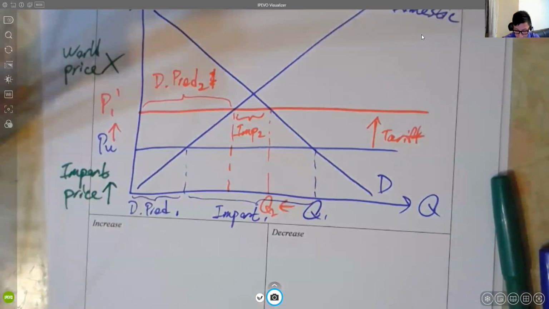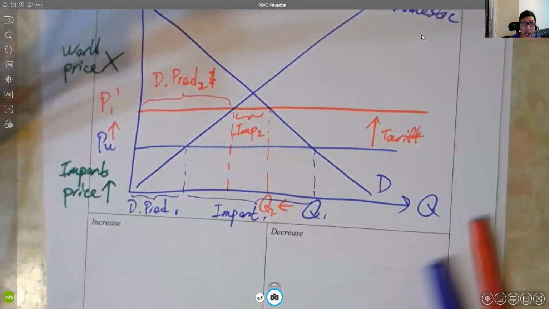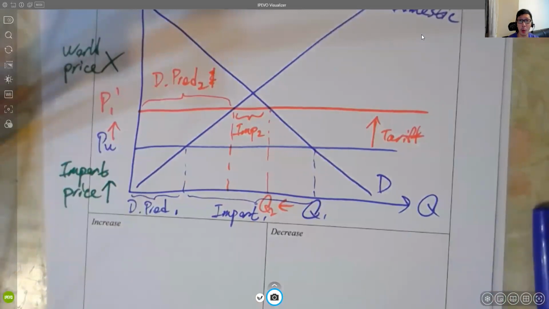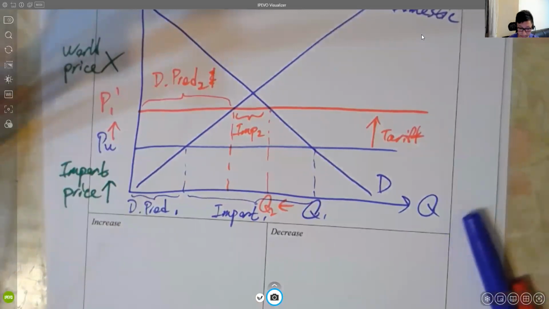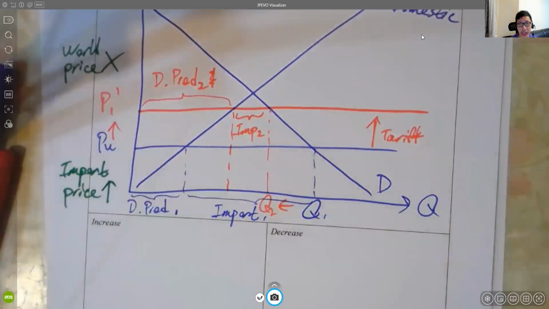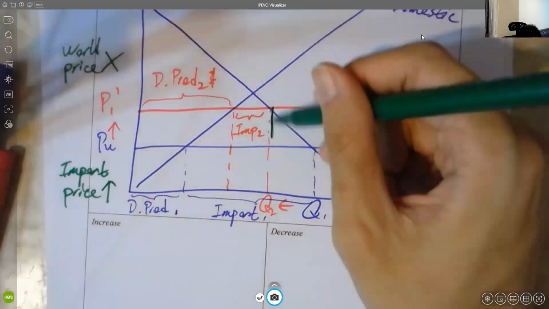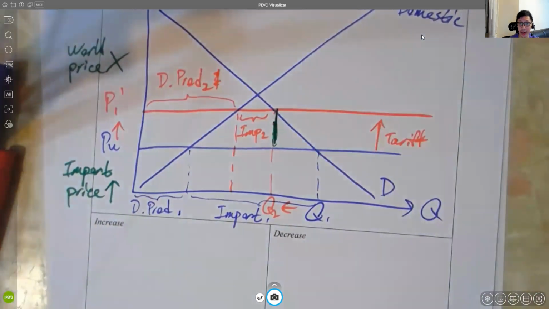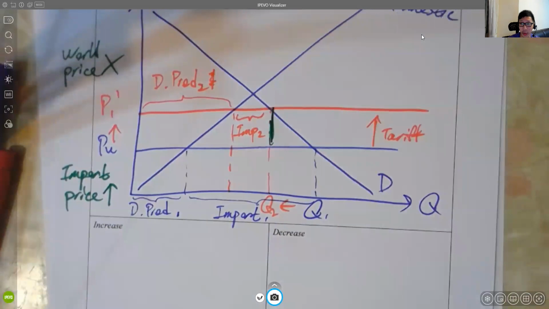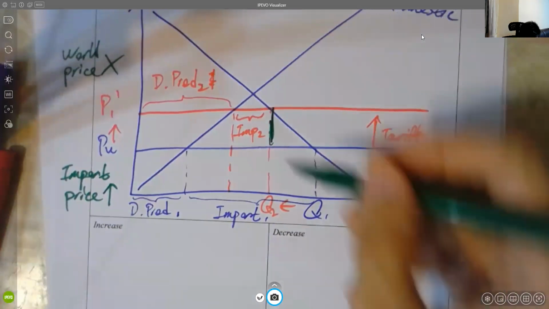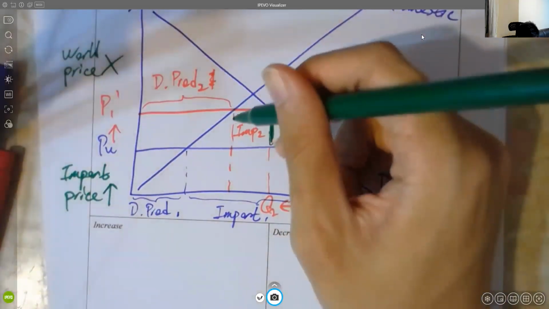Now finally, remember, government can also receive tariff, right? So what is the total tariff here? Remember, tariff per unit, this length. Now, how much are we importing? After tariff, we are importing this amount.